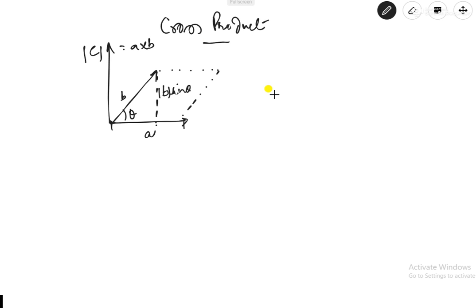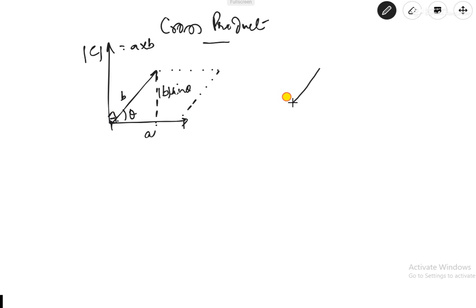Here we look at the geometrical interpretation of the cross product. There are two vectors A and B drawn like this with an angle theta between them. The resultant vector will be perpendicular to both, that means it is perpendicular to A as well as to B. It is projecting out of the plane.